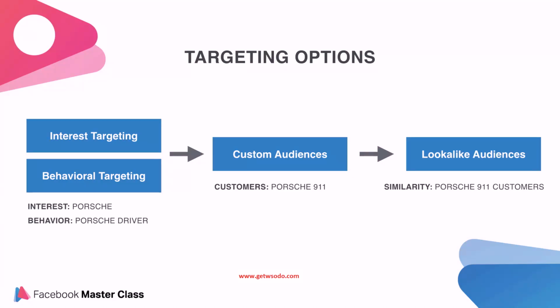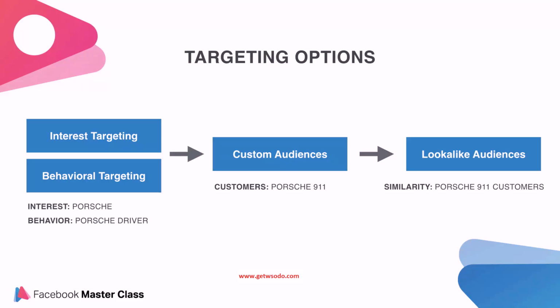lookalike audiences. So interest targeting would be something like reaching out to all Facebook users that are interested in Porsche. Behavioral targeting, all Facebook users that own a Porsche, drivers, for example. Custom audiences, all Porsche 911 customers. So this is a data set that is aggregated by the advertiser, for example, by uploading the email list of all Porsche 911 customers.